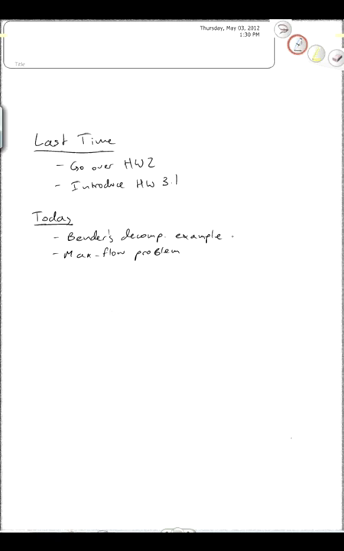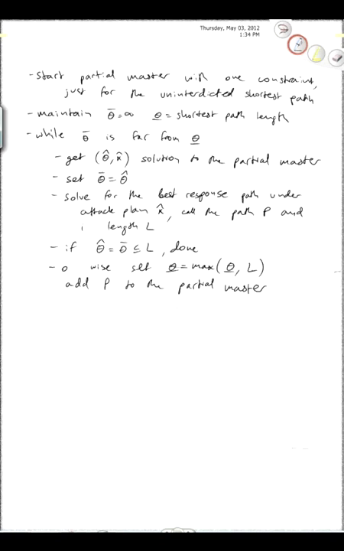So let's go back and review a little bit about how Bender's decomposition worked, and then do an example on a particular graph. So roughly, this is what the pseudocode for Bender's decomposition looks like. So we had this big LP, the full master. The full master looks something like this.